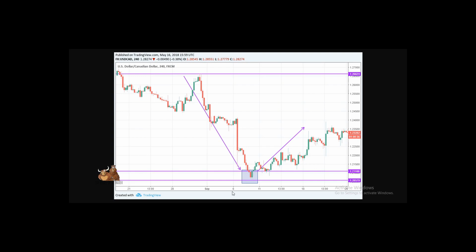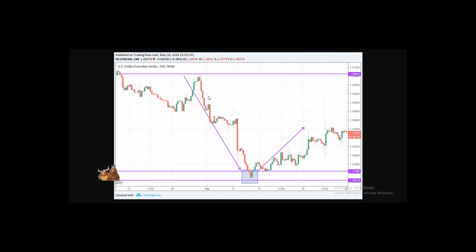So here we have an example of the bullish engulfing pattern. As is implied in the name, this pattern suggests that the bulls are taking control from the bears, and the first thing you have to look at is the trend.